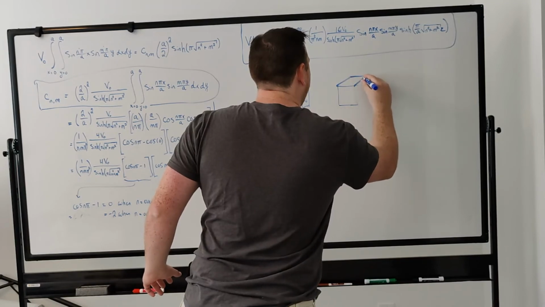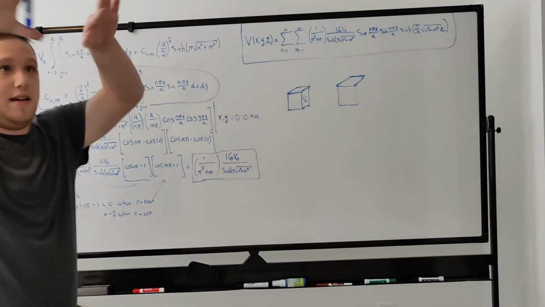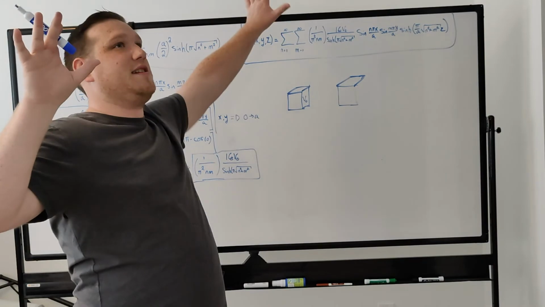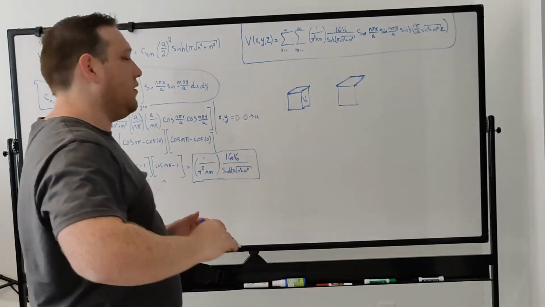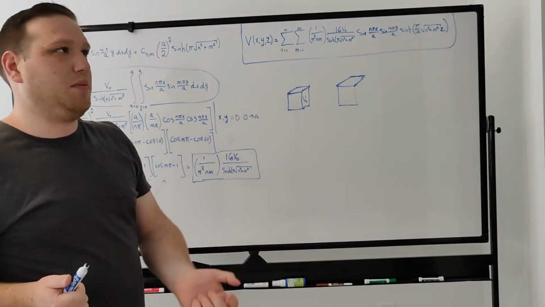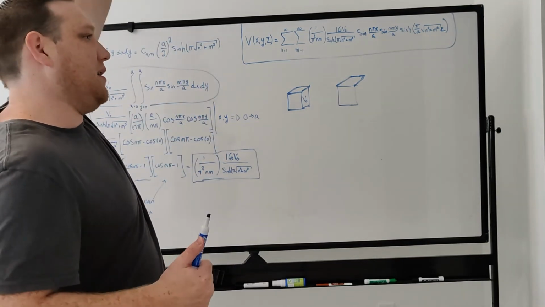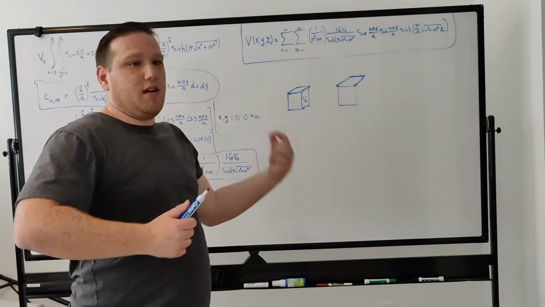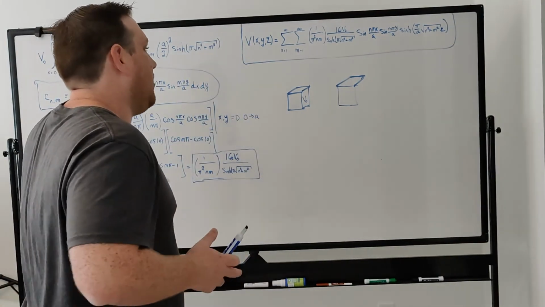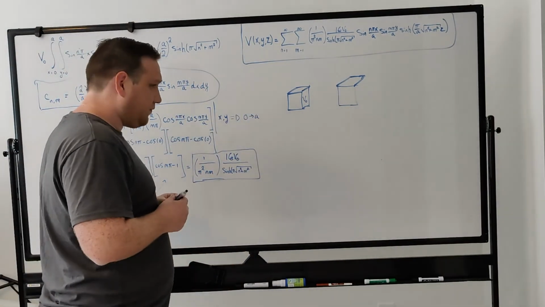is in that case where you have a cube where every face has a potential of V naught, the potential at the center has to be V naught, because going from the top to the bottom they still have to be V naught. So the potential within the entire thing has to be V naught.